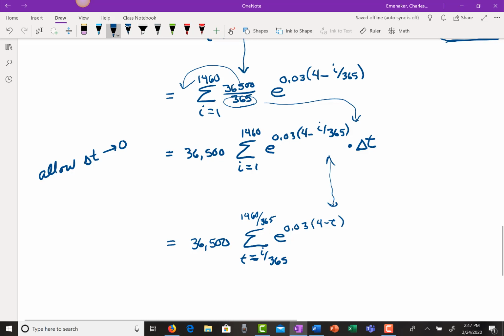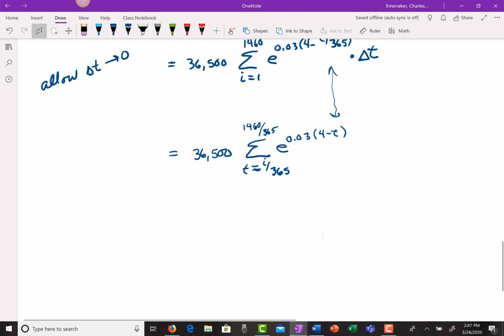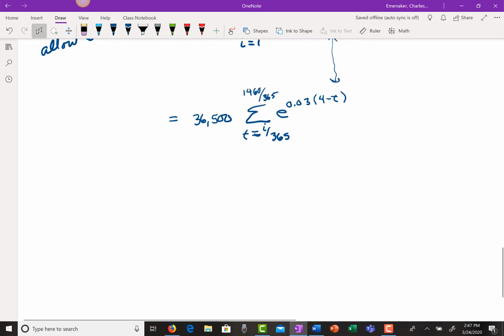Where we're going with this is, as we allow t to approach 0, or to get really small, this then approximates an integral. Remember we talked about how the partitions get smaller and smaller, so the change in x, or the change in t, gets smaller, and we can rewrite this as 36,500.